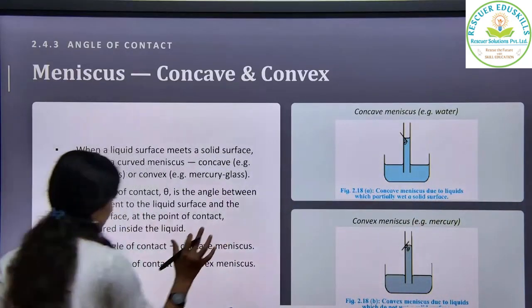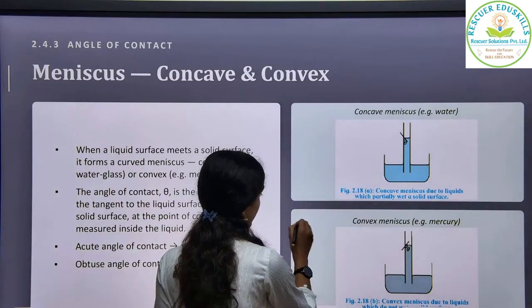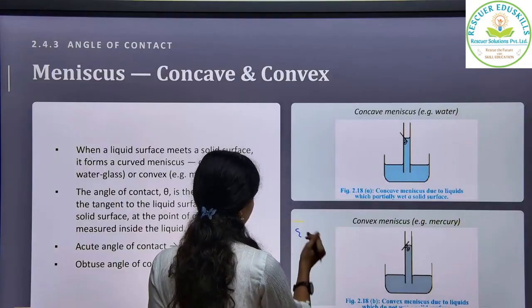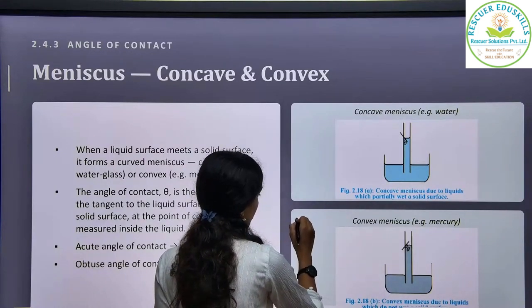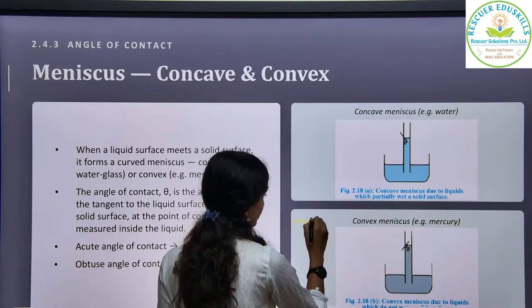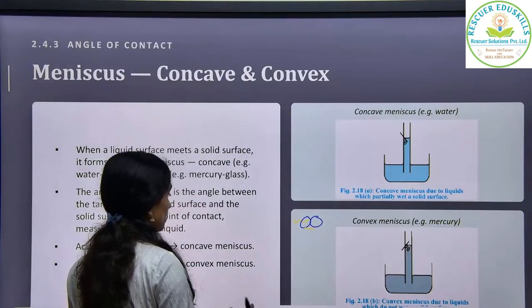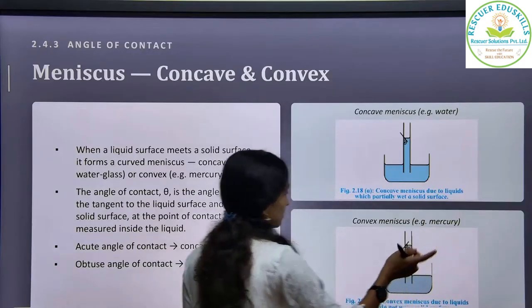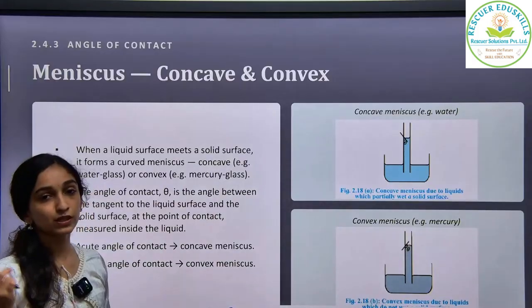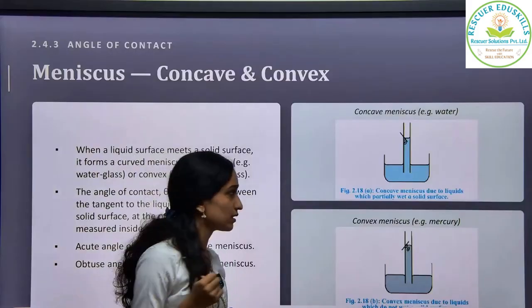So now whenever a liquid surface meets a solid surface, whenever there is interaction between liquid and solid atoms, then it forms a meniscus. Depending on what the solid is, it decides if the meniscus will be convex or concave.